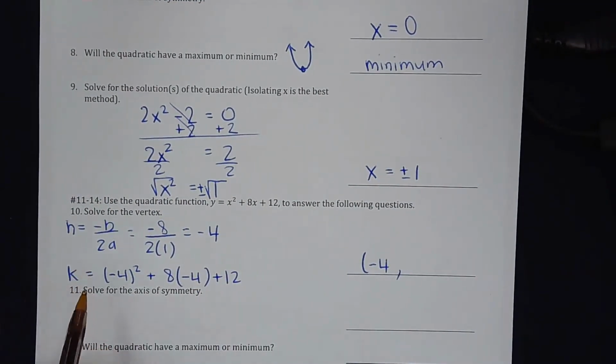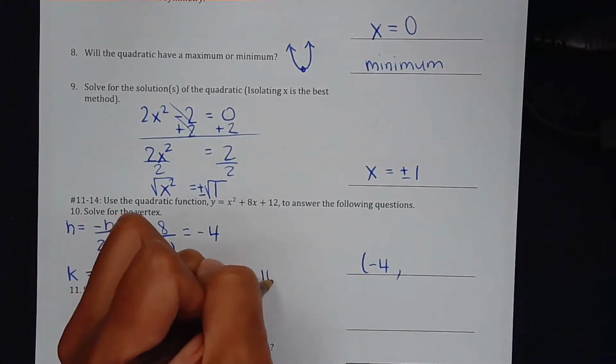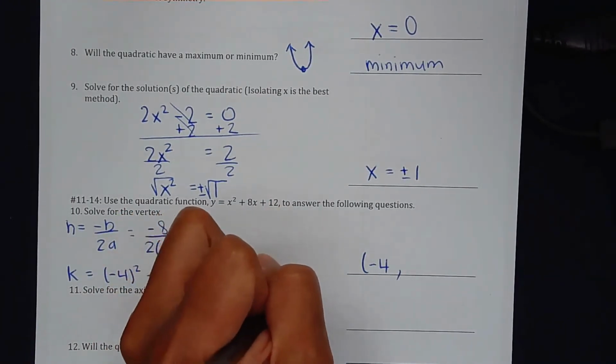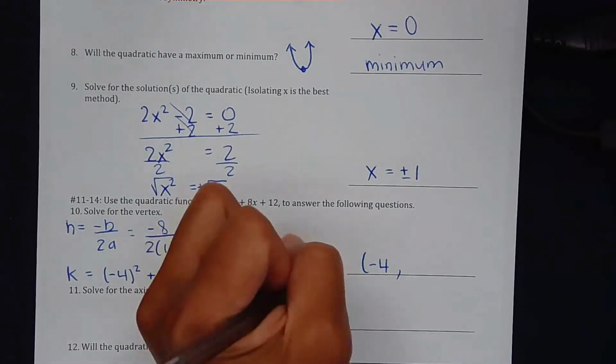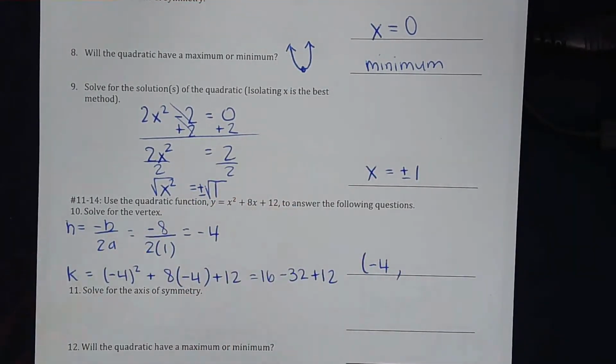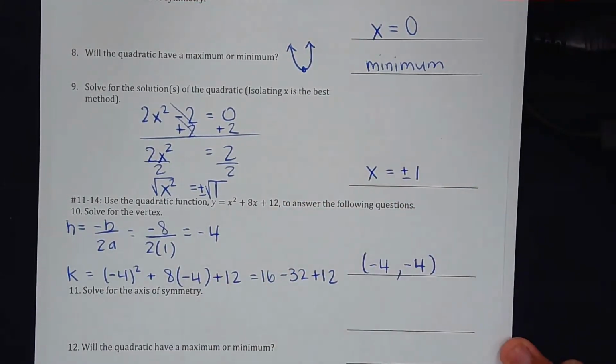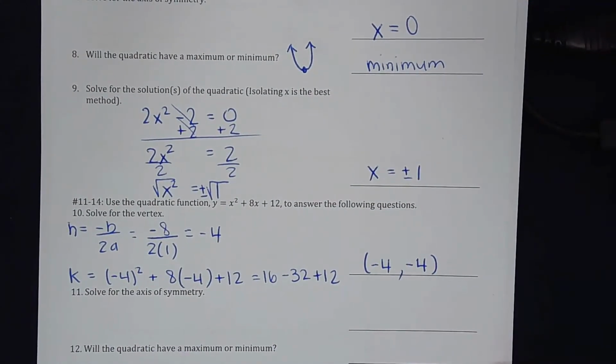Negative 4 squared gives us 16. 8 times negative 4 gives us negative 32. And then plus 12. 16 minus 32 is negative 16. Negative 16 plus 12 gives us negative 4. All right, and that is our final answer. That's the coordinate of our vertex.